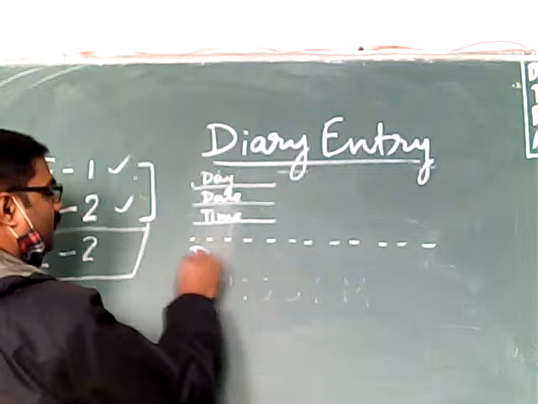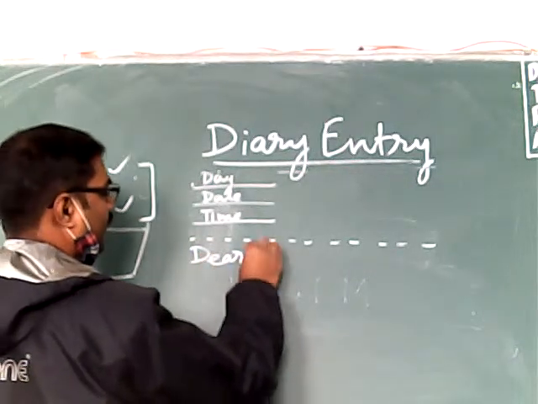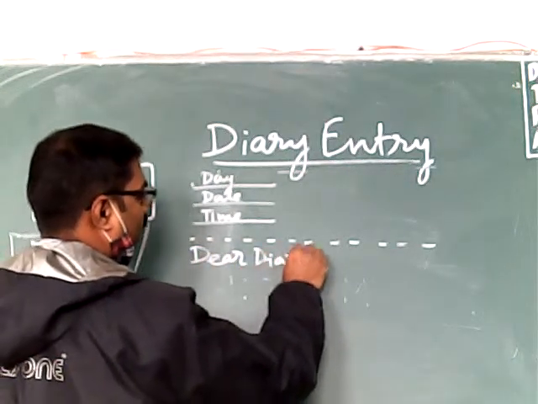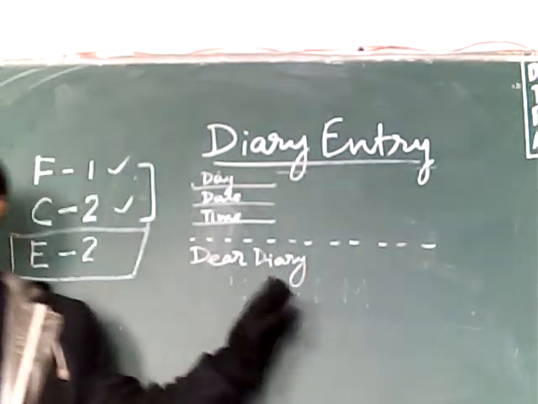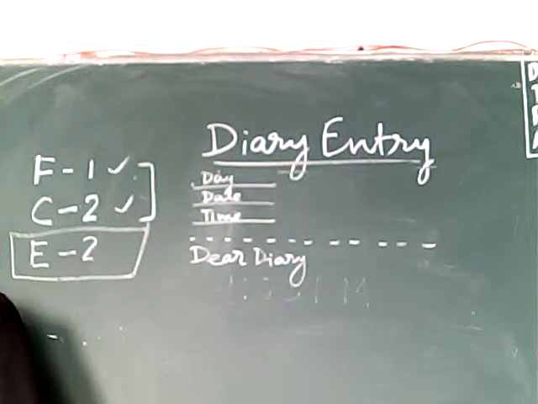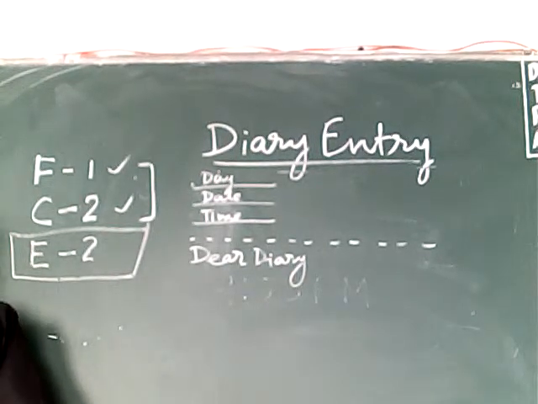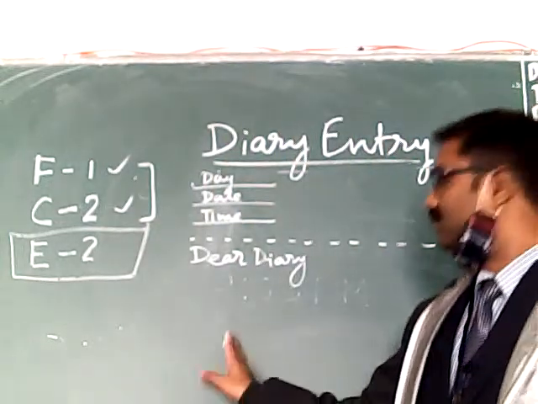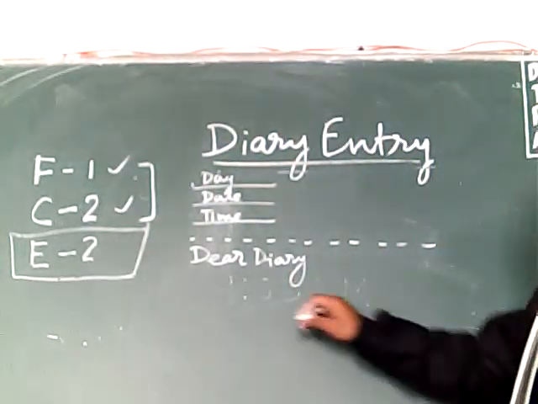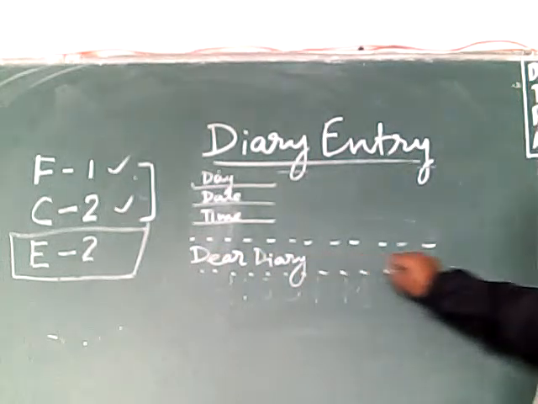Here, Dear Diary; the comma you used before may not be put there. In the new pattern, commas are exempted. Next, one line blank again.